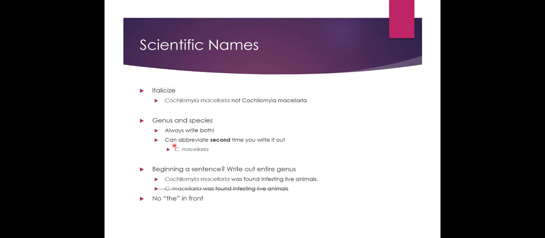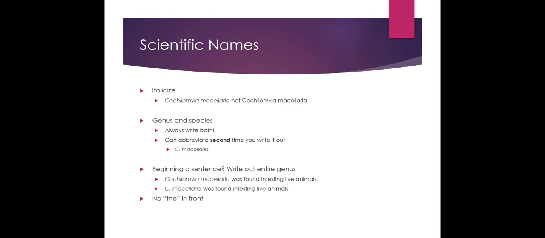Remember, it's capitalized just to indicate it is in fact a genus, then a period, and then the spelled out Massellaria. We never abbreviate the species if we're writing out the species name. We can abbreviate it as sp. if we don't know the species, or if we're only talking about a certain genus. Let's say I'm talking about all the flies in Cochliomyia, then I could say Cochliomyia sp., blah, blah, blah. But see Massellaria there.